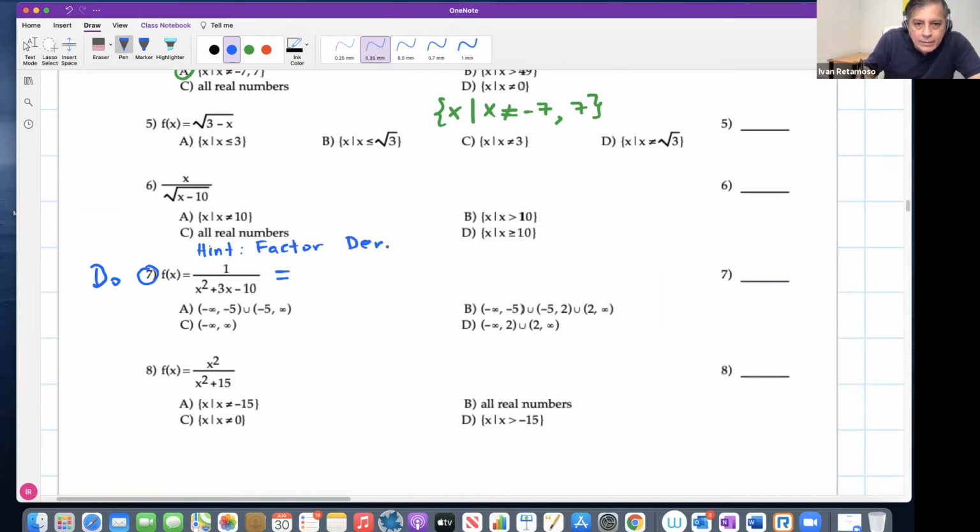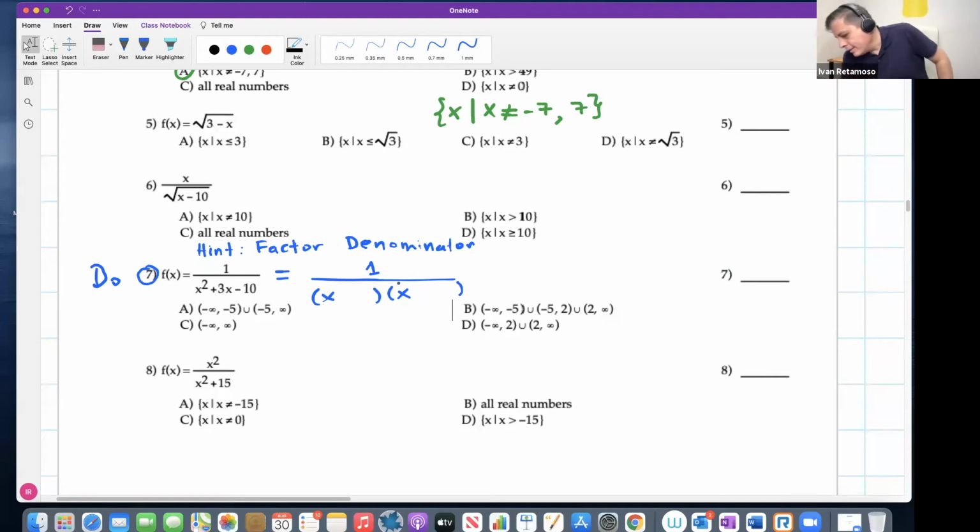Factor the denominator. Very good. And for that, recall that you have to look for two numbers whose multiplication is -10, whose sum is 3, right? Try this, do some trial and error, and you should figure that out.